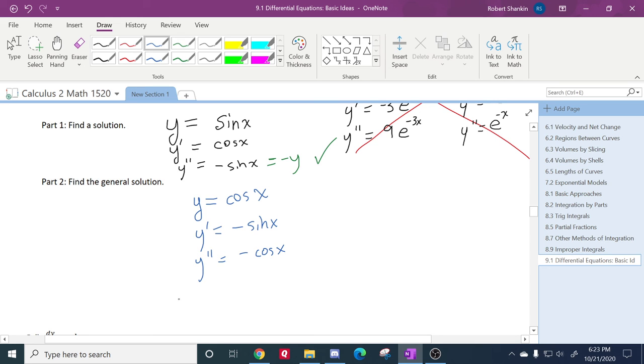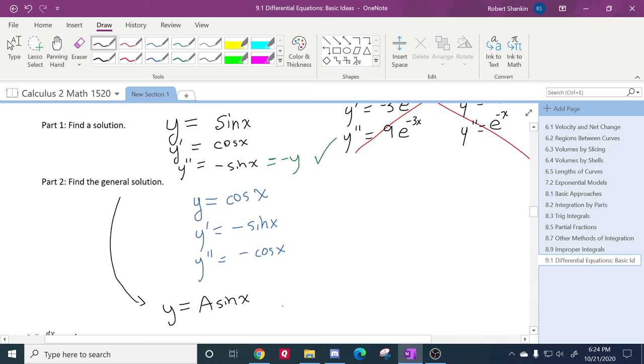All right, so let me open the floor to anybody. General solution. Can we do a sine x? Very good. And there's more to it though.